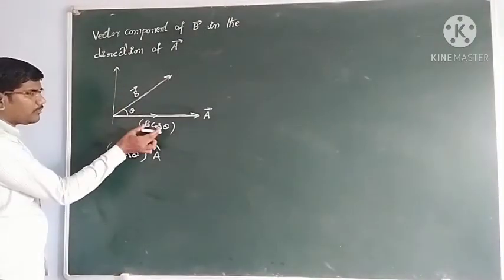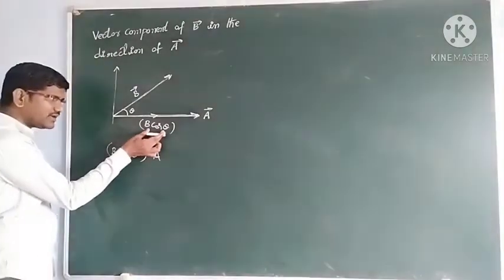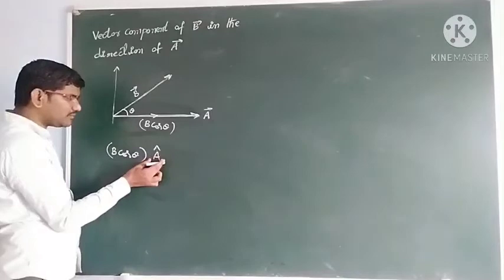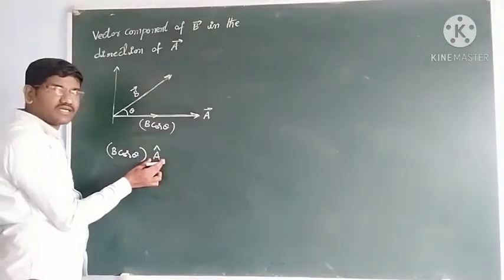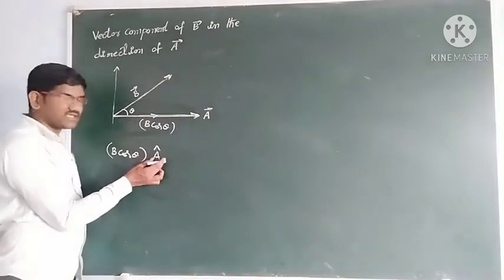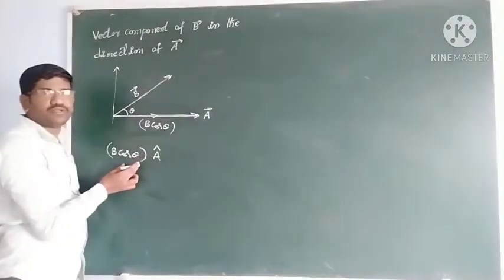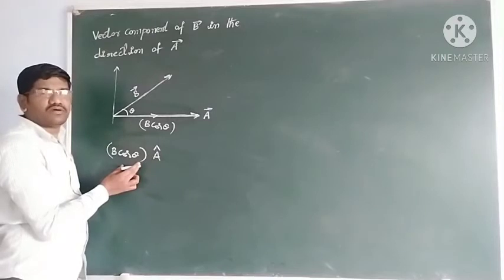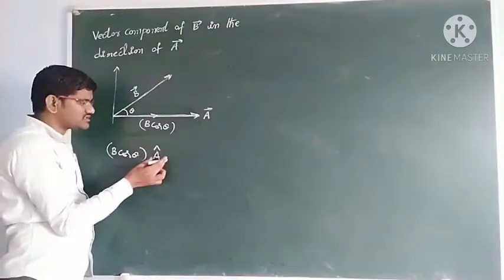B cos theta is a scalar. It is in the direction of A bar. That's why it is multiplied with a unit vector in that direction. So when you multiply this B cos theta with A cap, nothing will happen to the B cos theta, but it gets the direction of A bar. So A bar direction means A cap.